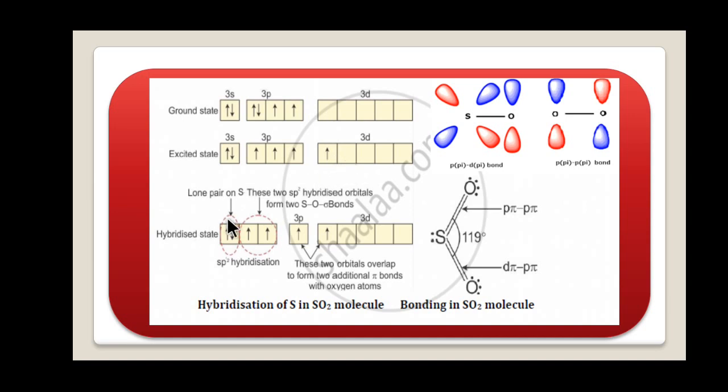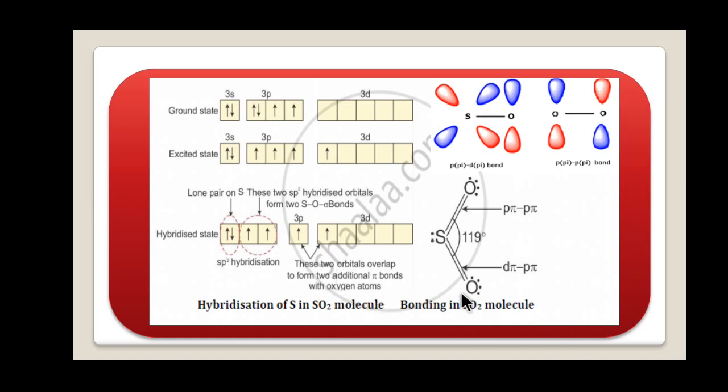So the hybridization is possible this way. The hybridization state is sp2, with a lone pair on sulfur. The sp2 hybridized orbitals form two S-O sigma bonds, and the remaining orbitals overlap to form two additional pi bonds with the oxygen atoms. Is it clear? It's very, very important.